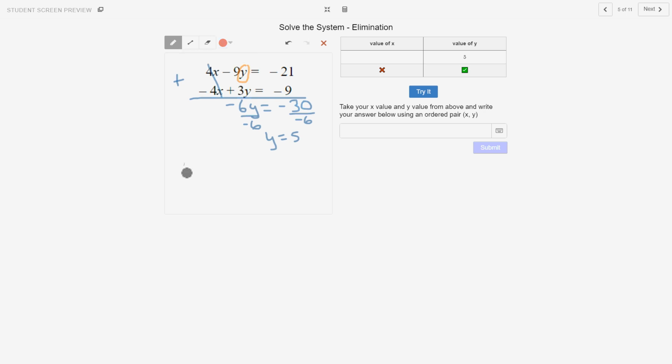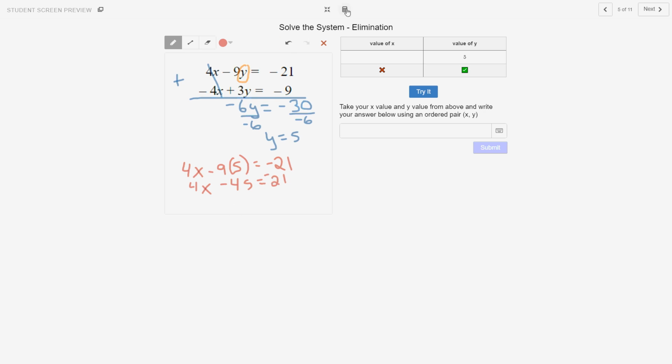So I'm going to have 4x minus 9 times 5 equals negative 21. 4x minus 45 equals negative 21. Add 45 to both sides. Oops, forgot my negative sign right there.